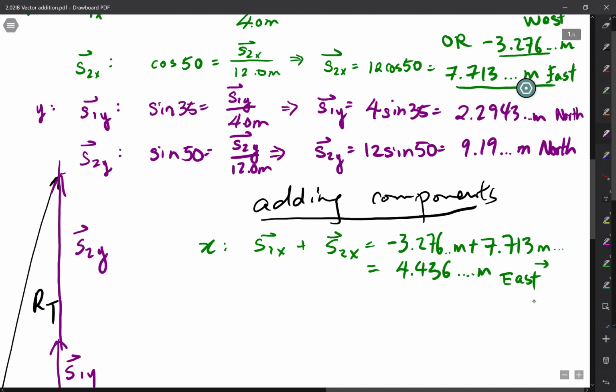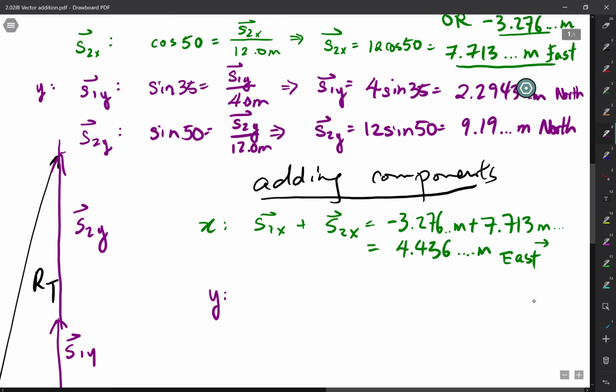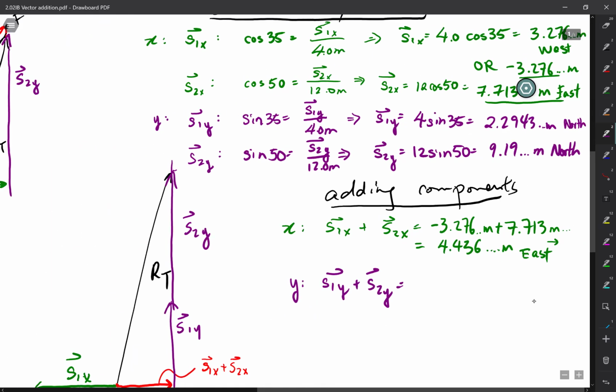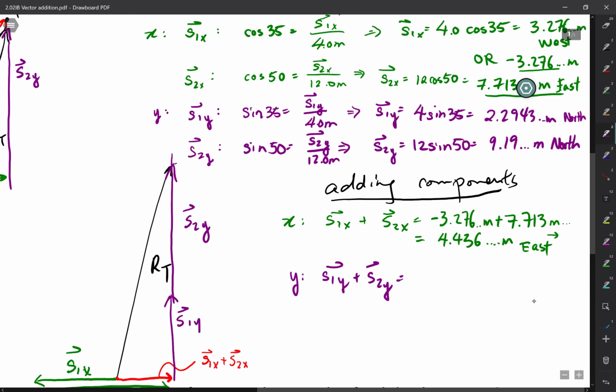So that's my x component after I add it up. For my y component, I'm going to add s1y plus s2y. And because these are both in the north direction, I don't have to worry about negative signs, luckily. This is 2.2943 plus 9.19 dot dot dot meters.